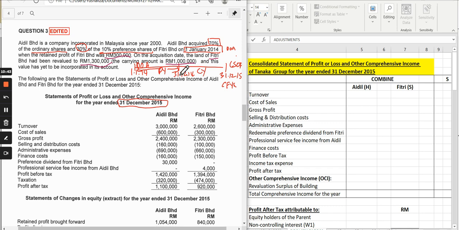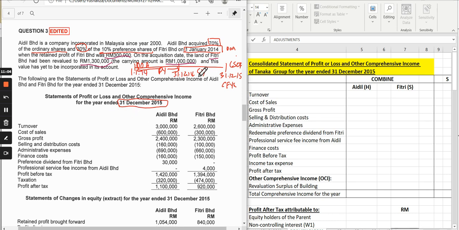As long as in the current year, you have acquired the subsidiary for more than a year or at least a year. So here in our case, we have acquired for 2 years. So in the current year, we will consolidate the income and expenses in full, right?